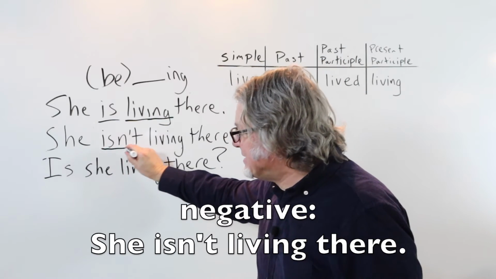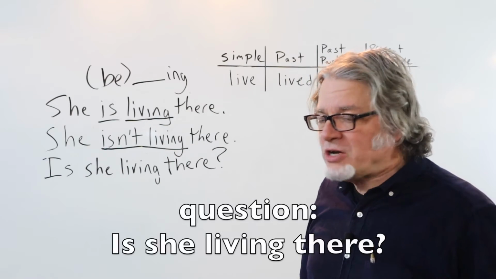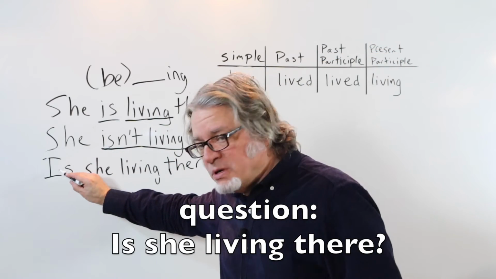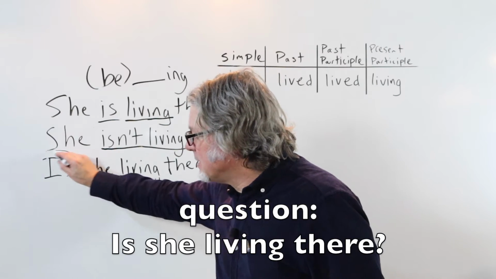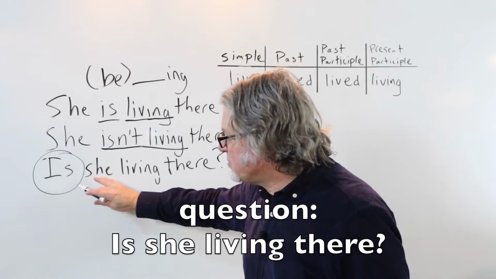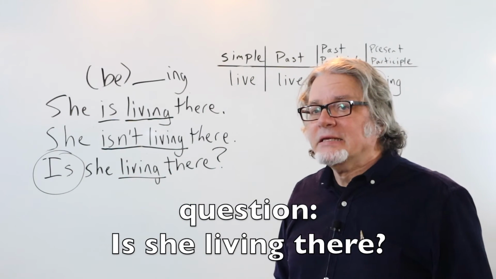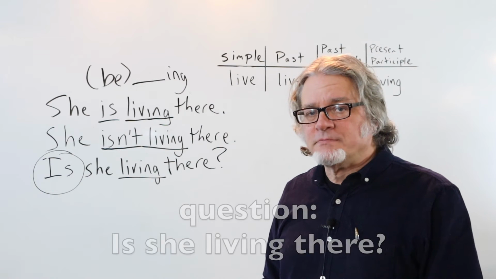She isn't living there. And for a question, put the verb be first. This is the helping verb, and then the subject, and then the main verb. Is she living there?